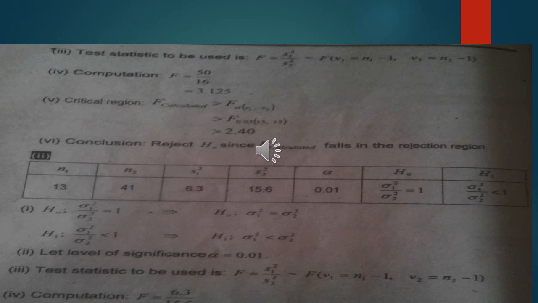Students, you have the F tables I provided you in the previous lectures. In t-test, we have one table relating to the level of significance at 5%, 1%, 10%.